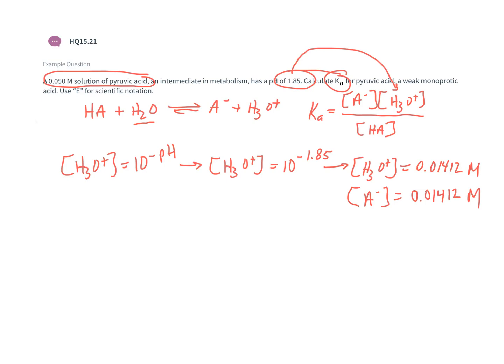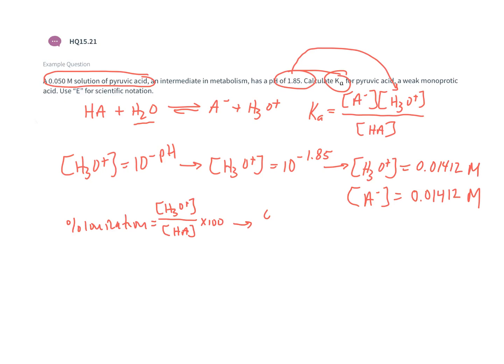So we have to check our percent ionization to see if we can safely assume there's no change in the concentration of our acid. So our percent ionization is the concentration of hydronium all over the concentration of HA times 100. If that's greater than 5%, then we cannot make that assumption that the change in concentration is negligible.